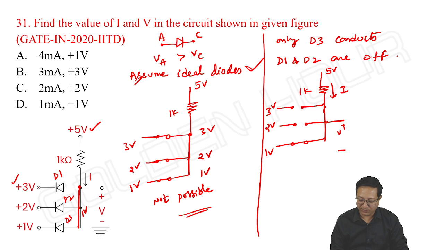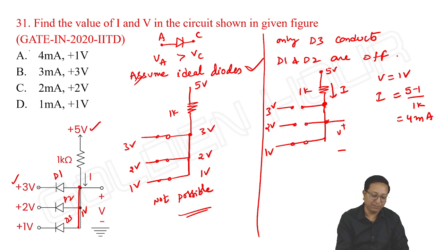It is a short circuit. The voltage here will be equal to 1 volt. And I is equal to, this voltage is 5 and here the voltage is 1, so 5 minus 1 by 1 kilo ohm, that is 4 milliamperes. So V is 1 volt and current is 4 milliamperes.